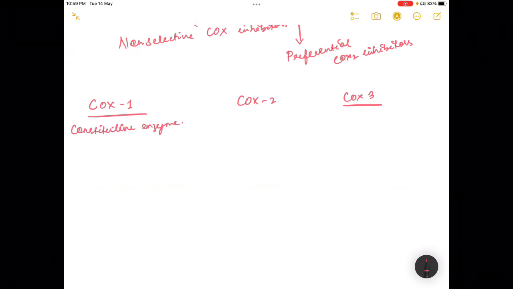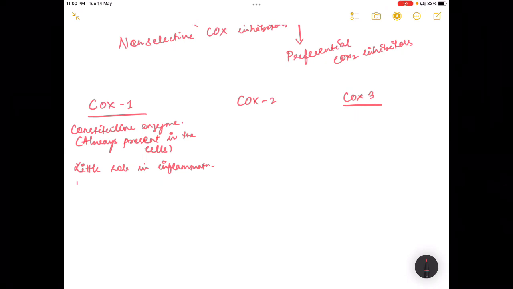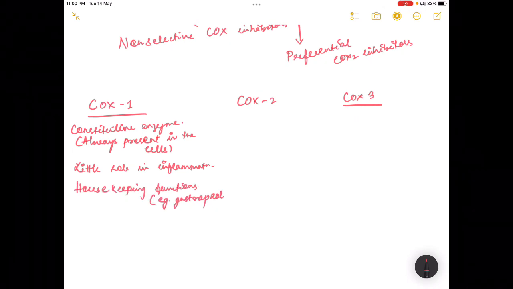That means it is always present in the cells. It has got little role in the inflammation, and it serves for the housekeeping function like gastroprotection. Then COX-2. COX-2 is an inducible enzyme.